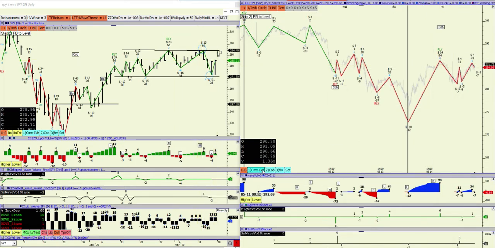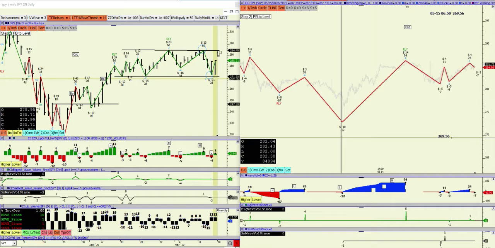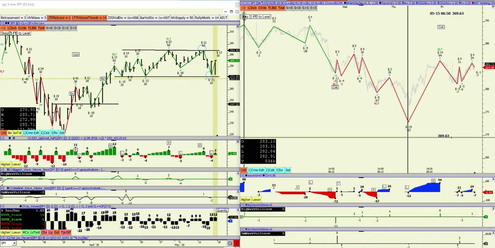right? So what are you going to do? This is your sign of weakness. So now, is the immediate trend down or up? It's obviously up until I see otherwise. Why?